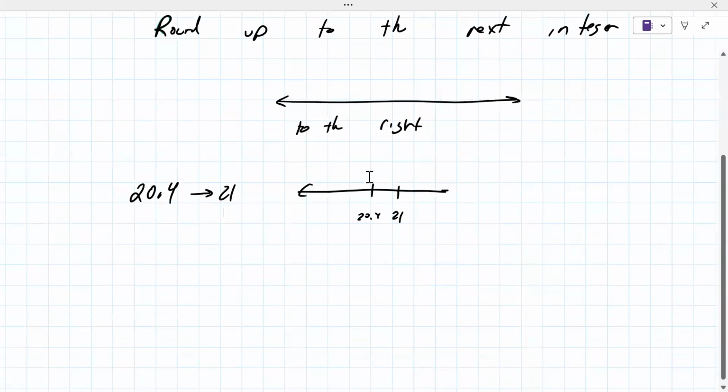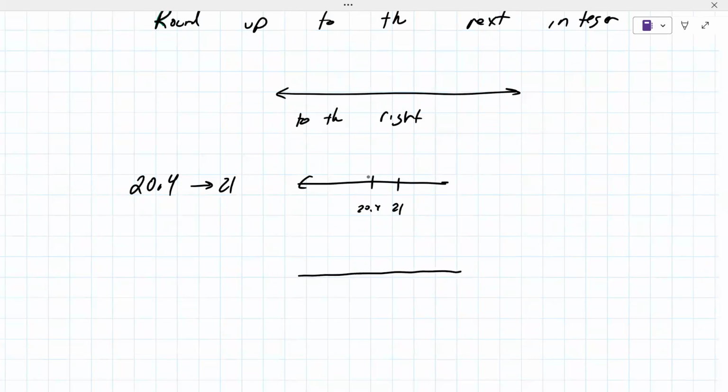Yeah. Now let's go to a more challenging problem. Like let's say there's zero, there's -1, and I give you -0.3, which is right there. It goes to the right. So what does it round to? 0. Yes.